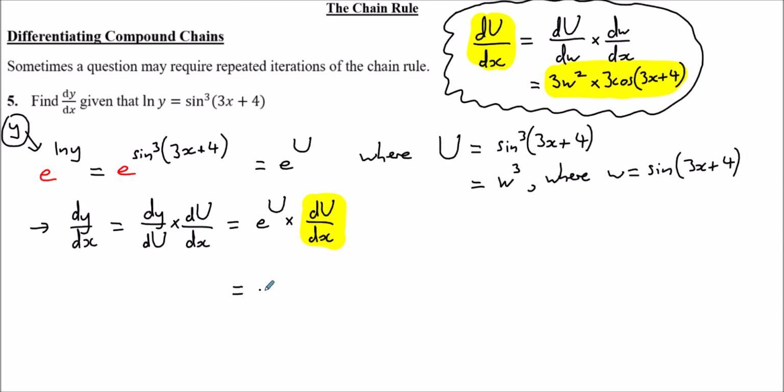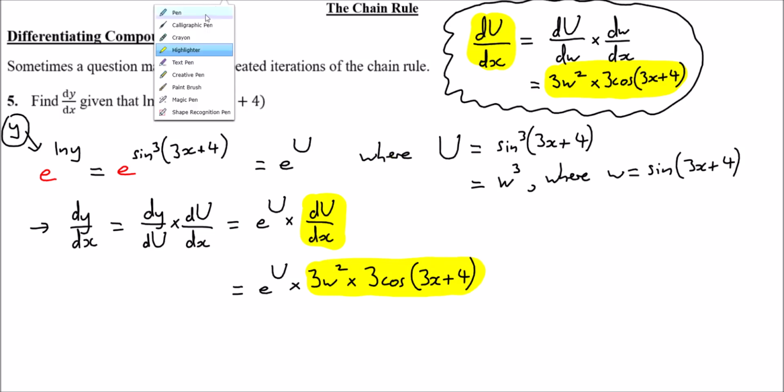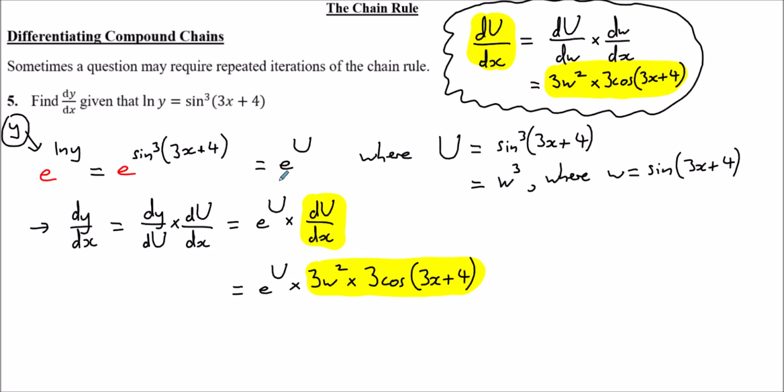So I've now got e to the big U multiplied by 3w squared multiplied by 3 cos 3x plus 4. So all this bit at the end is du by dx. So what was big U? Well, big U is just all of this sine cubed 3x plus 4.